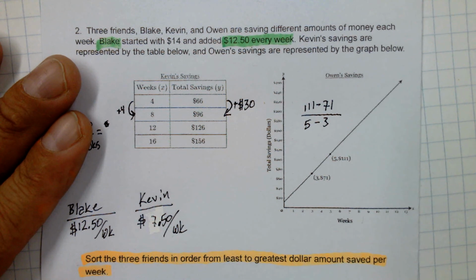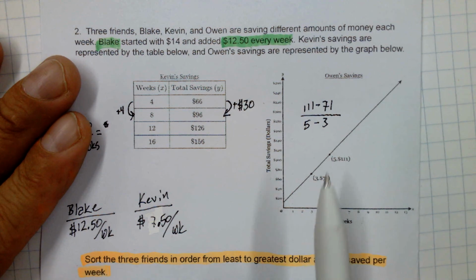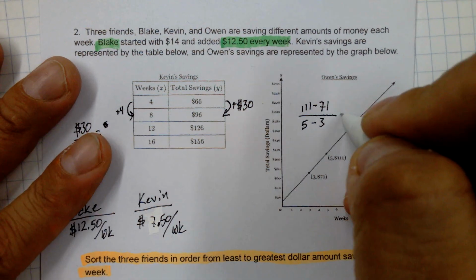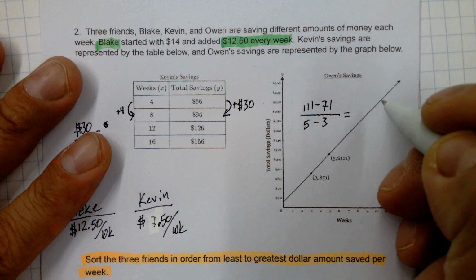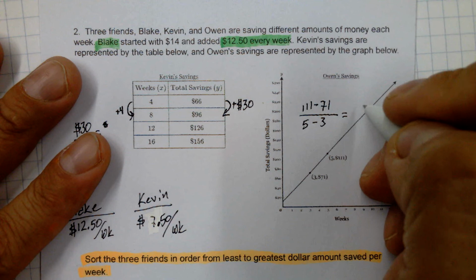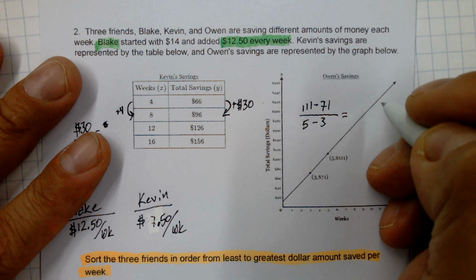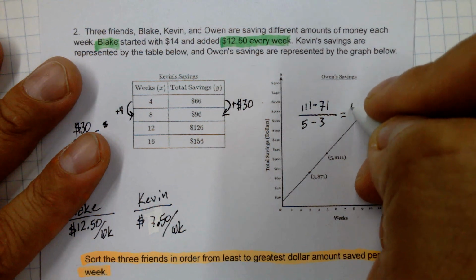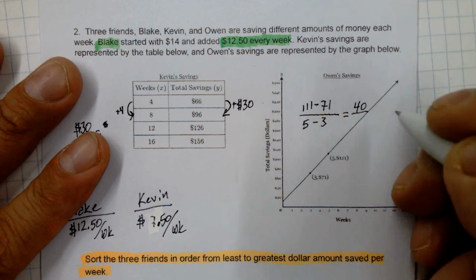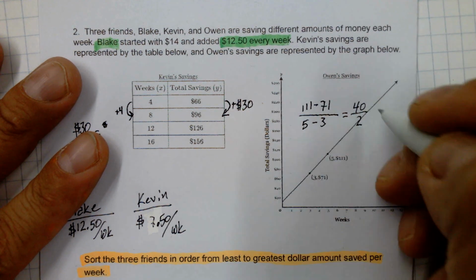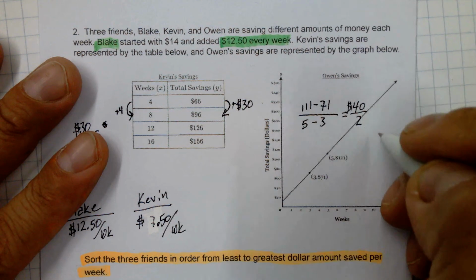So let's see what that gives us. What's 111 take away 71? 40? Check my math on that. Is that going to be 40? 111 take away 71? Five take away 3 is 2. So we got $40 every 2 weeks.